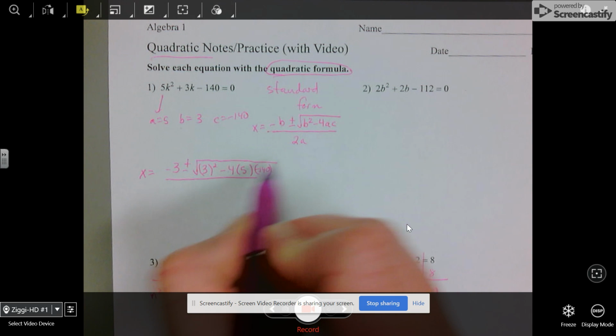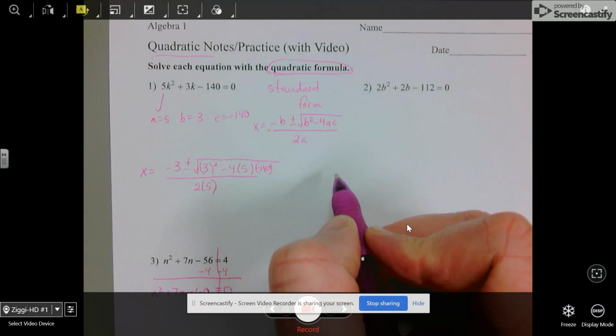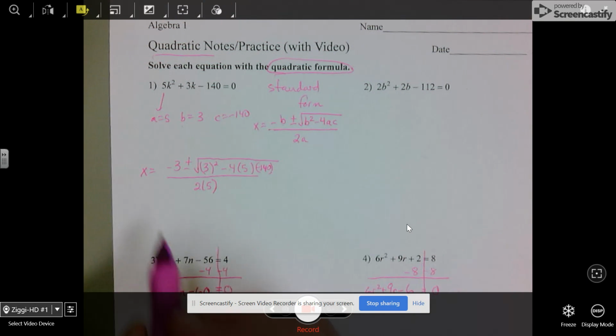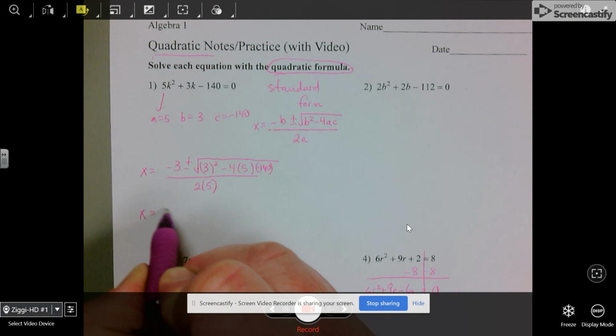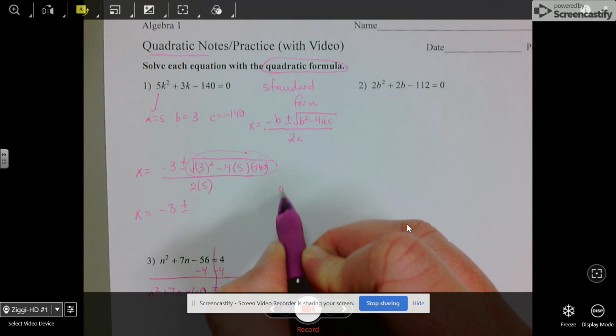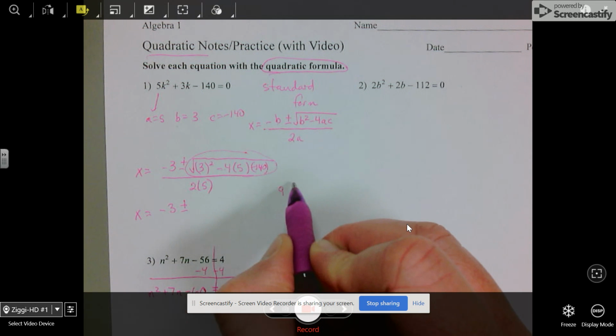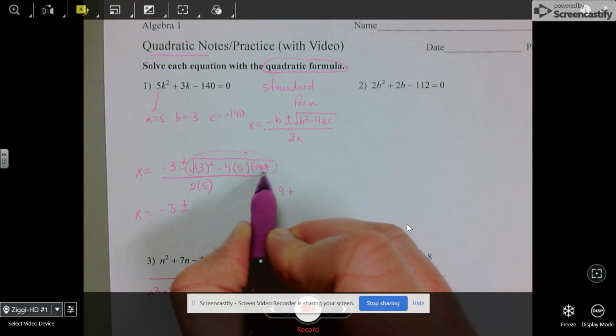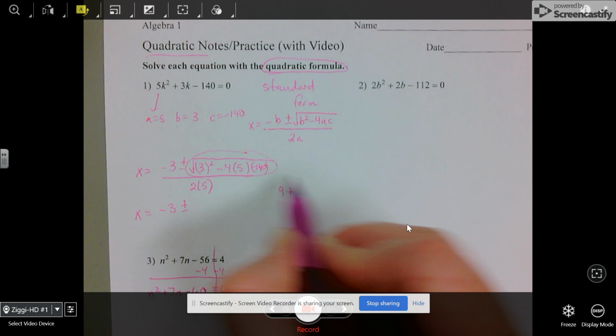First step, you can simplify from there, but you're not going from here to our answer. So you want to simplify this square root, and if you want, you can do it off to the side. I'm going to do it off to the side. I don't have much room on this paper. So that's 9 plus, because there's two minuses here, 20 times 140 is 2,800.